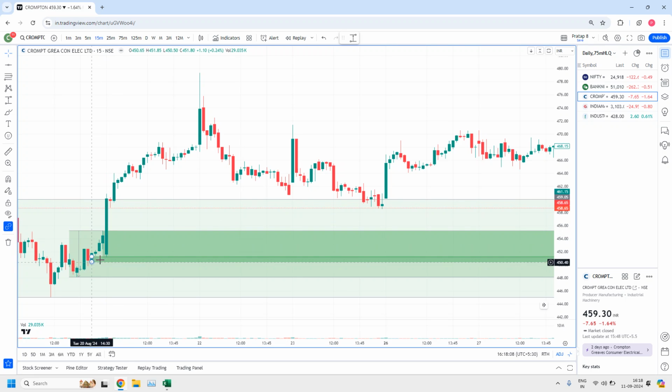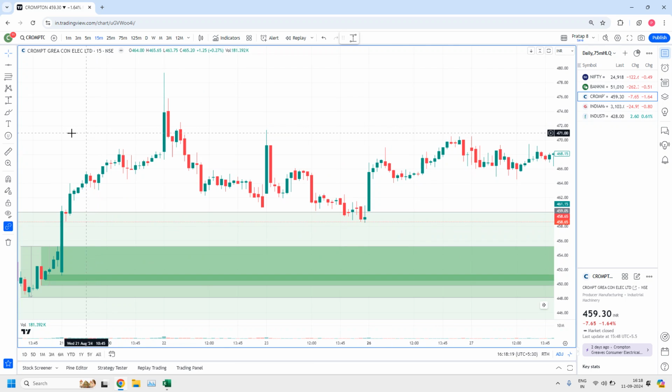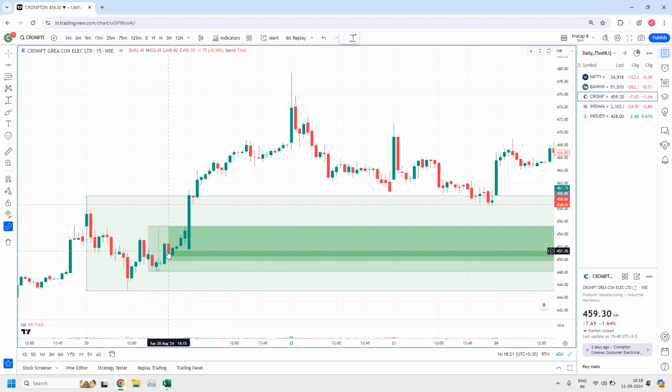Or you can also draw like this. Instead of limiting the 15-minute zone as a drop, base, rally, if you convince this is not a drop candle, if you convince this is also a leg candle, then it is a rally, 1, 2, 3, 4, 5 base candles, rally candle. But whatever it is, this is the 15-minute zone.